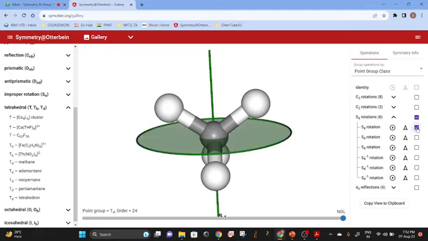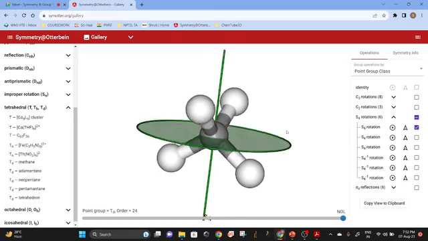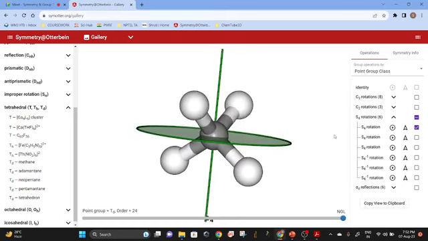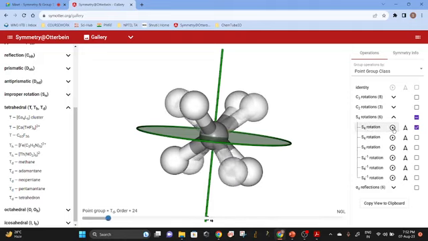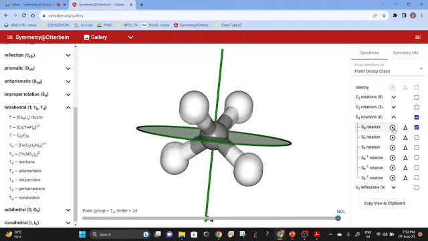Now, instead of S6 as asked in the question, we have S4 here. S4 means rotation by 90 degree and then reflection.